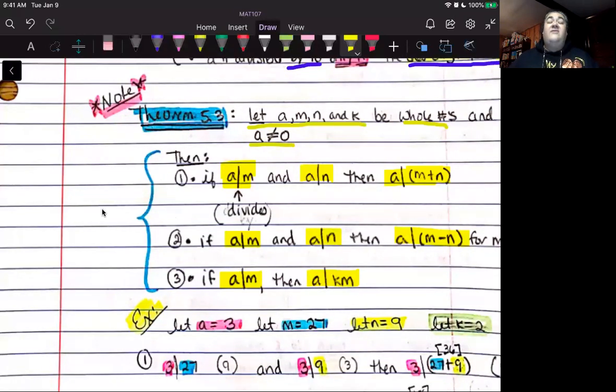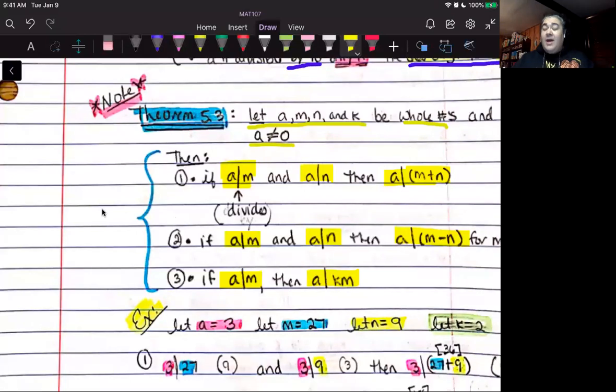So basically, if a divides m and n, it will divide their sum. If a divides m and n, it will divide their difference. And if a divides m, it will divide any multiple of m. That is what the theorem tells you.